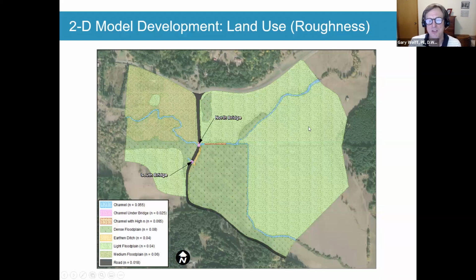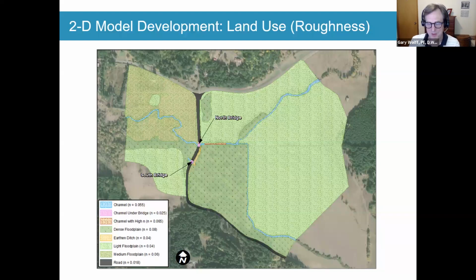So basically for two-dimensional modeling, we have to specify, again, the areal extent of the variations in roughness. So it's just a GIS exercise to go in and delineate basically the different land uses from aerial photography and then the mainstream channels, and then assigning roughness values based on the aerial photography and on actual field observations. So, very much like one-dimensional modeling, but just with more detail.